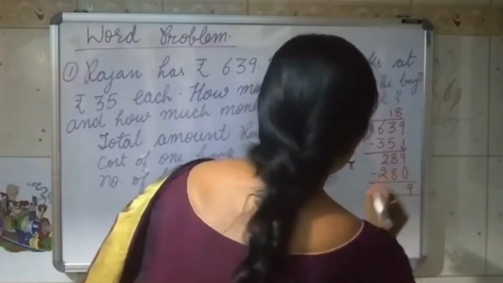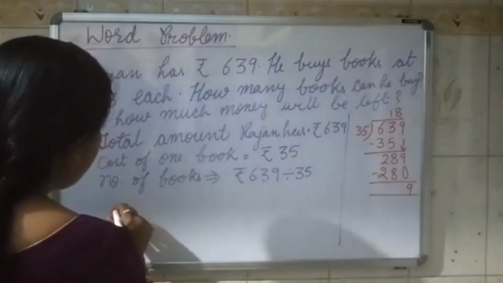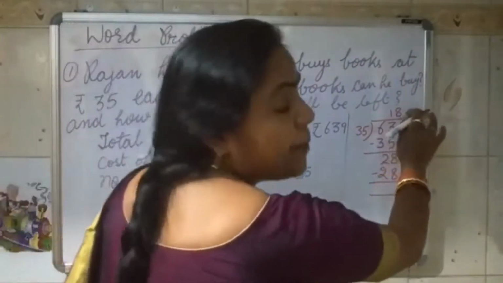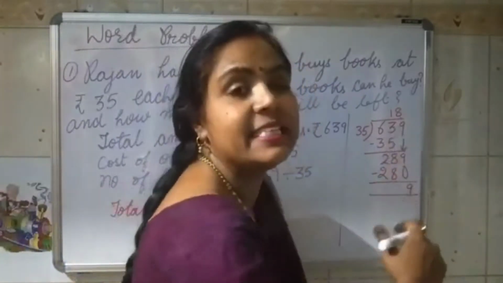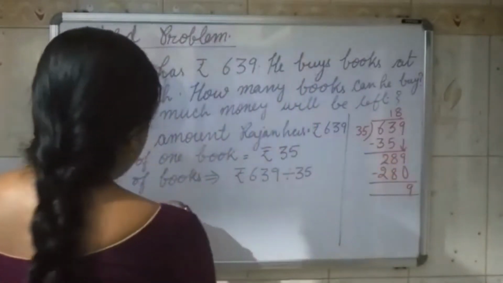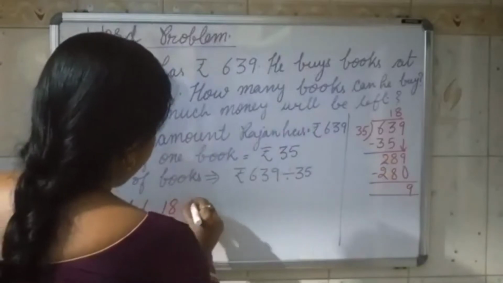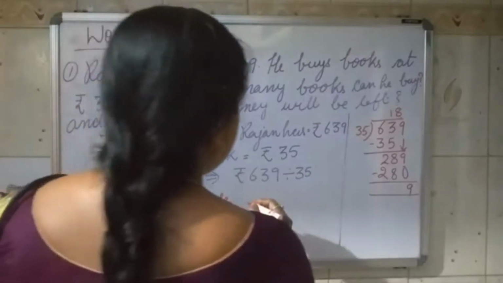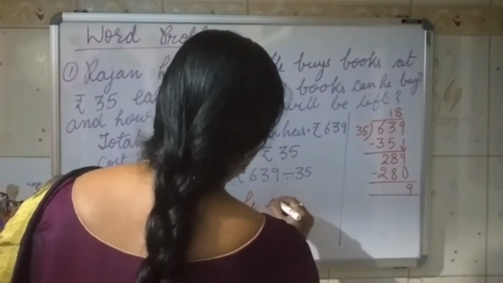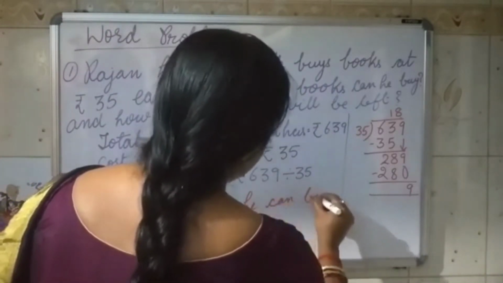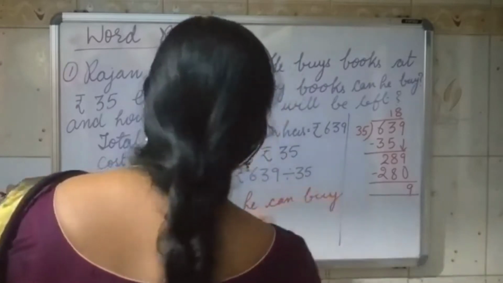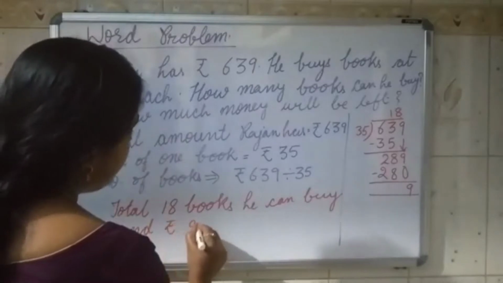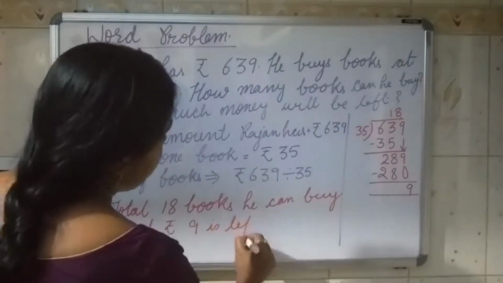So the answer is: whatever the quotient, that is the number of books, and whatever the remainder, that is the amount left. So total 18 books he can buy, or we can write he can buy 18 books and rupees 9 is left with him.